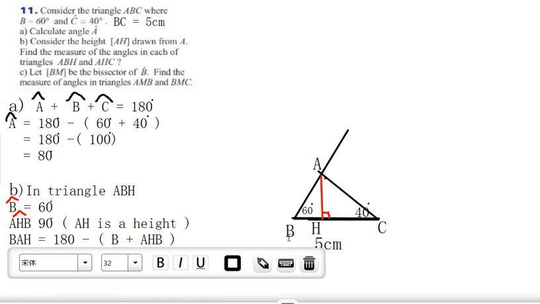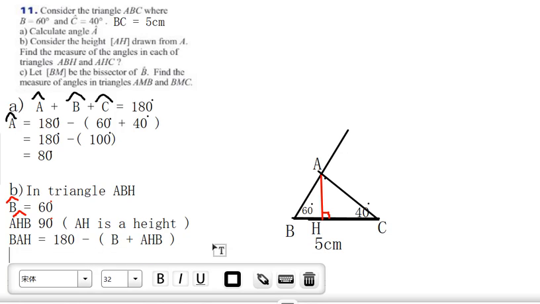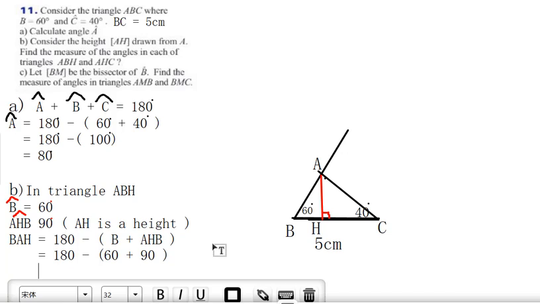As you can notice, angle B I'm naming by 1 letter, but angle H I'm naming by 3 letters because we have 2 angles named with vertex H. So it is equal to 180 degrees minus how much? 60 plus 90 degrees, to give me 30 degrees. 180 minus 150 will give me 30 degrees.